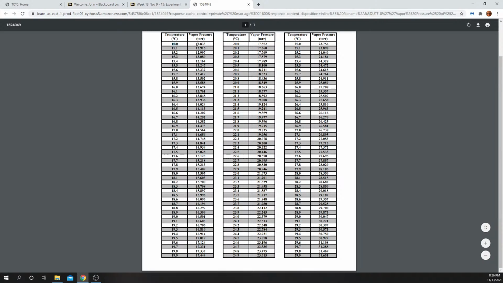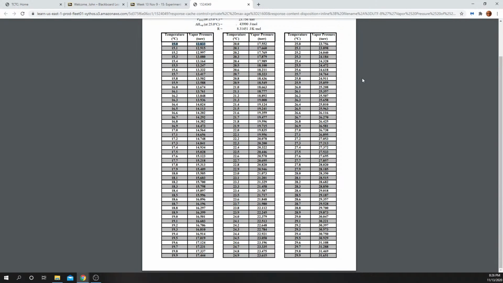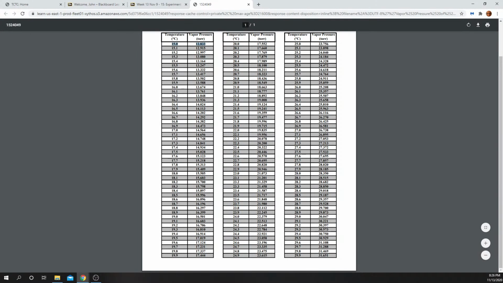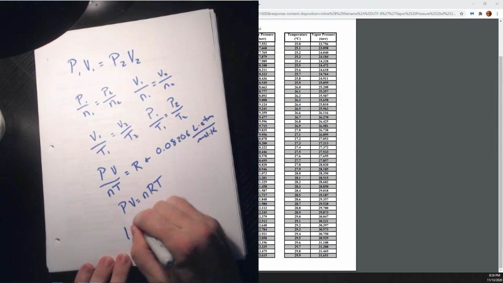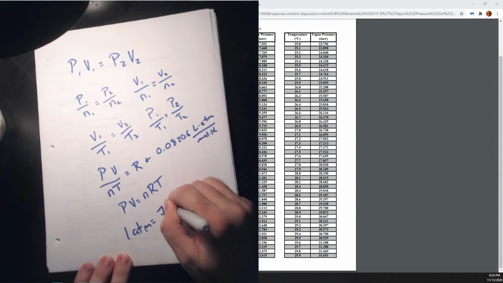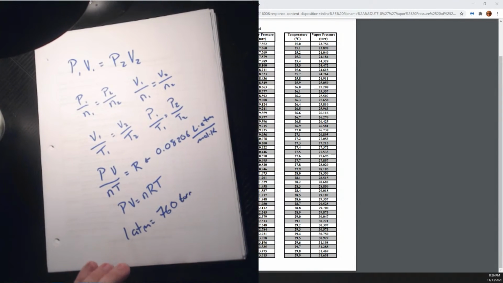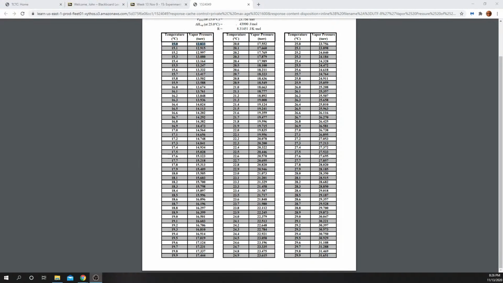So here at 15 degrees Celsius, the vapor pressure is 12.833 torr. Now remember, torr is a measure of pressure; 1 atmosphere equals 760 torr. So at 15 degrees Celsius, you have 12.833 torr, and that is a very small amount of pressure.